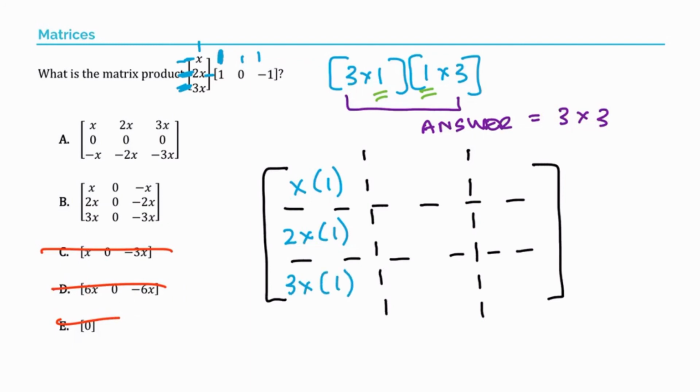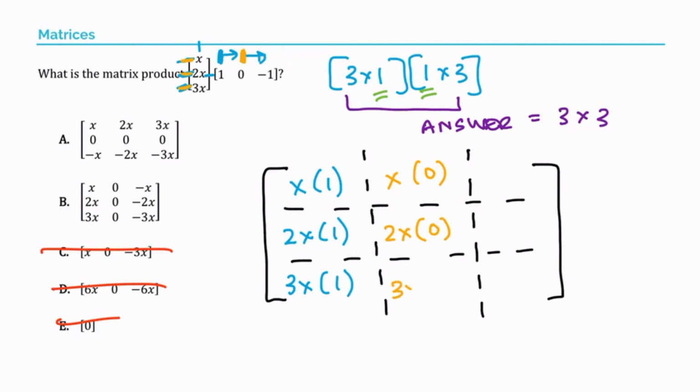And then I'm going to just do that over and over again, moving to the right and changing the column each time. Let me change my color to make it a little easier for you to follow. I'm going to take my first row, x, but now multiply by the second column, 0. Second row, 2x, times second column, 0.